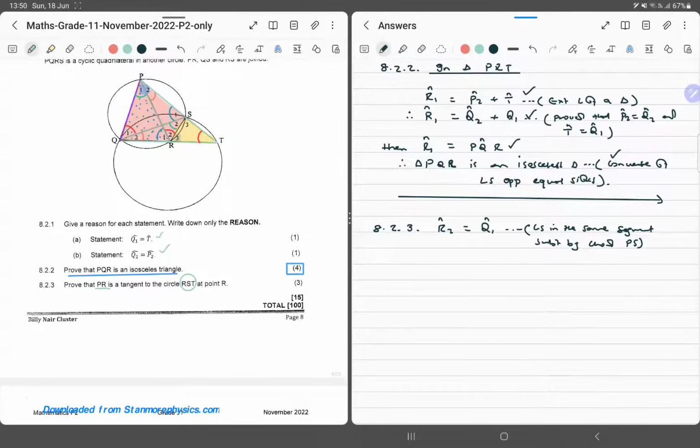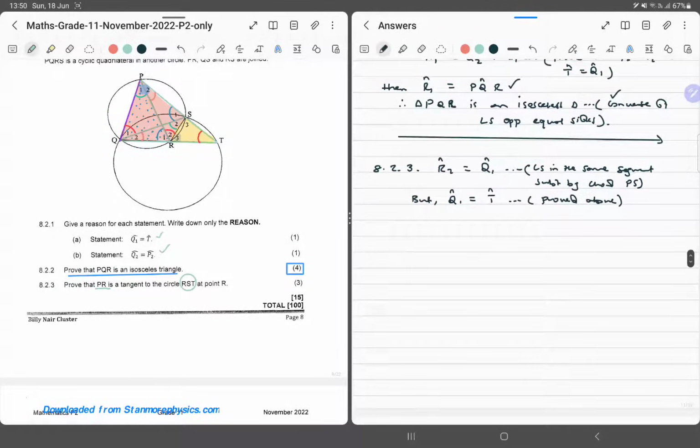Okay, that's number one. But we've got a story to tell. We know that angle Q1 is equal to angle T, right? This is proved above. Right, we say therefore R2 is going to be equal to angle T. That's what we wanted to connect.